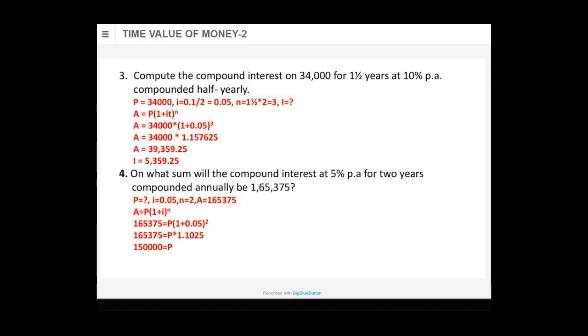So 165,375 is your A. It's not the compound interest, that is A. Solve it. Can you solve it mathematically?